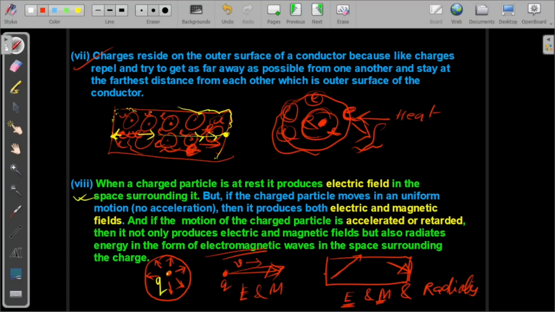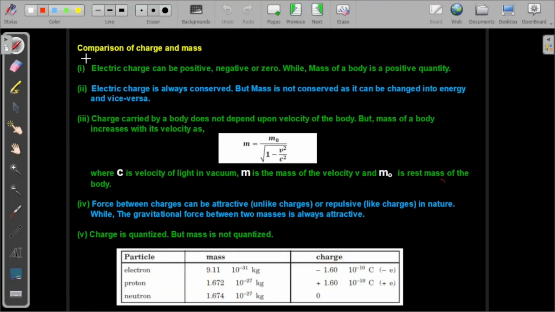Come to the next topic, that is comparison of charge and mass. Electric charge can be positive, negative, or zero, while mass of a body is a positive quantity.